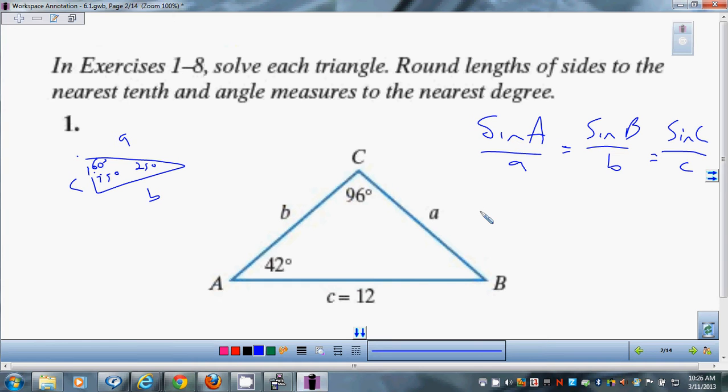You must have at least one pair in the problem. So here, 96 and 12, the side directly opposite the 96. We're going to set up a proportion to first solve for side A. So that's sine of 96 over 12 equals sine of 42 over little a.